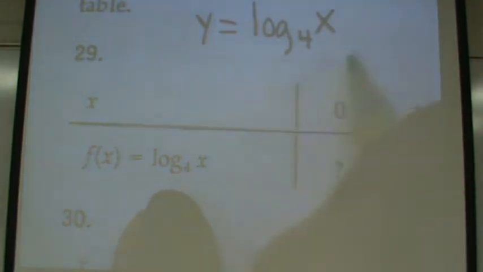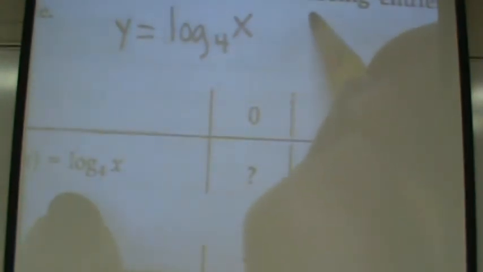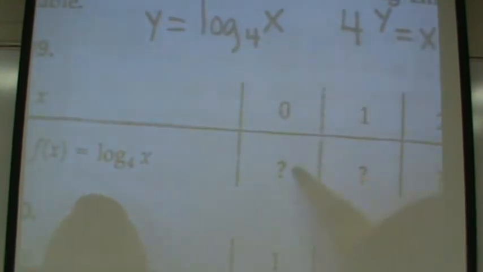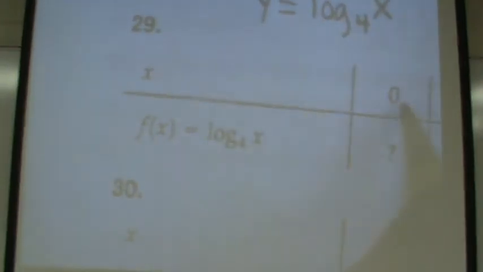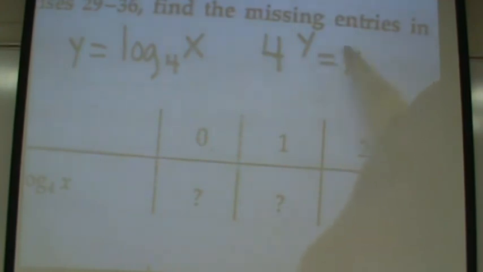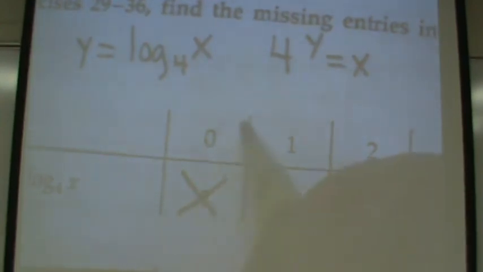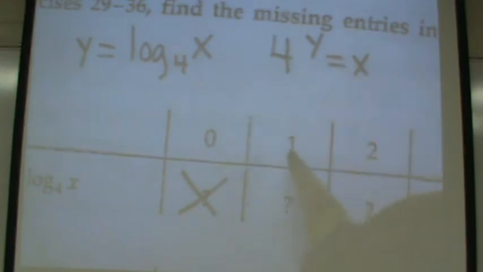I have to convert this to exponential form: 4 to the y power is x. Now they're saying if x is 0, can you think of a number that y would be to get you a 0 here? There is none. You can't do this one. This one's undefined. You'll never be able to take 4, raise it to a power, and get a 0.